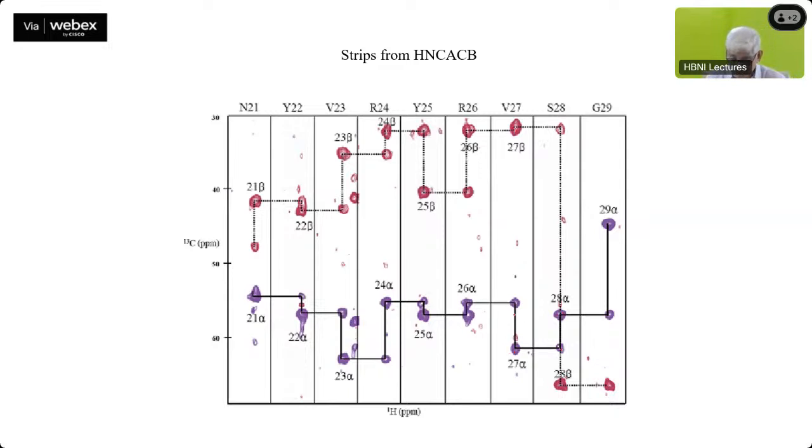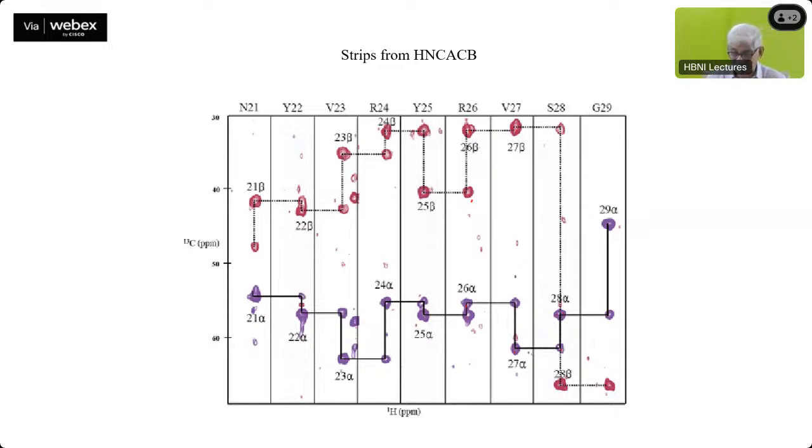So from this sequential alpha, you go to the 26 alpha self, and the sequential 25 alpha is here. Now from this 26 alpha, you see the 26 beta self and the 25 beta, which is a sequential. So you can collect these in both the C alpha planes and also the C beta planes.